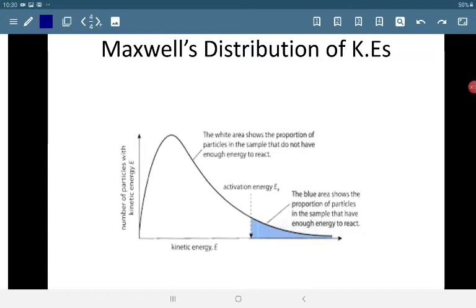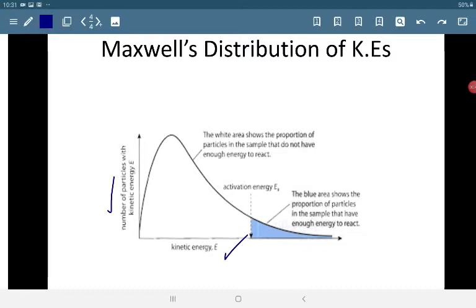The graph is between the number of particles with a given kinetic energy and the kinetic energy. So we can say that at a particular temperature, all the reacting molecules do not have the same kinetic energy.